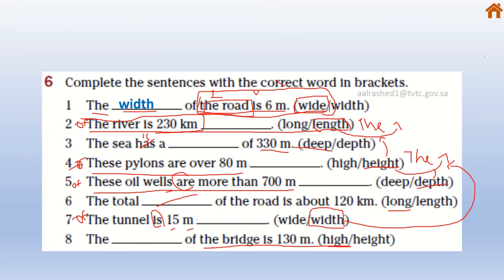Finally, the subject is 6 meters, and you stop. If you want to use the adjective, you need to put it at the end of the sentence. So when we want to use the noun of the thing you are talking about, then is the number, kilometer, and then you need to put the adjective.